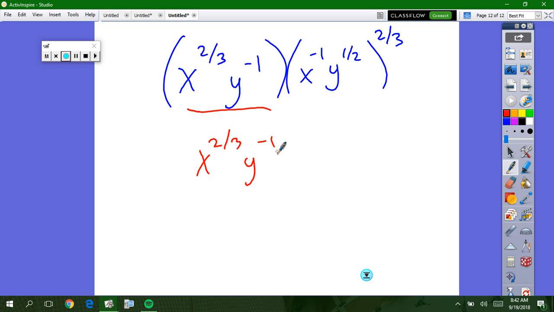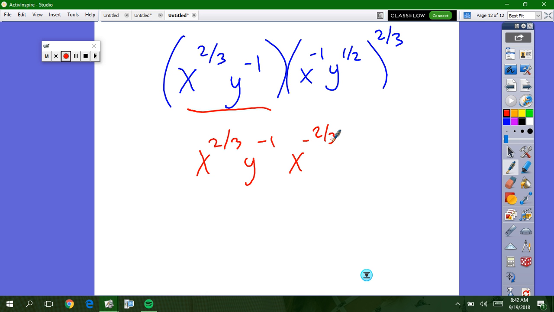I usually don't drop him upstairs or downstairs until I think I'm completely simplified. All right, what is this guy going to be, though? Power to a power. What do we do on power to a power? Multiply, right? So I have x to the negative 2/3 and power to power.